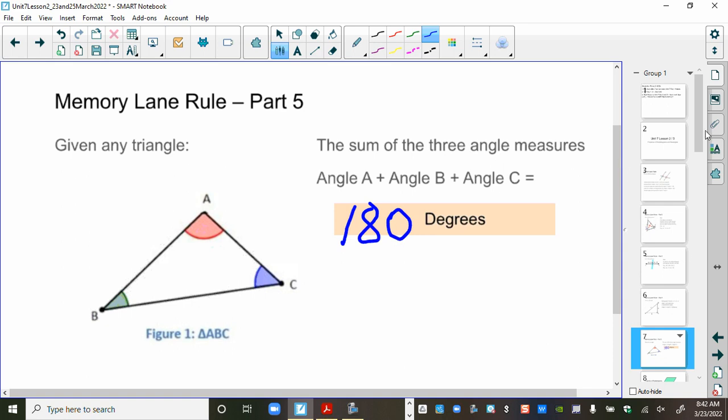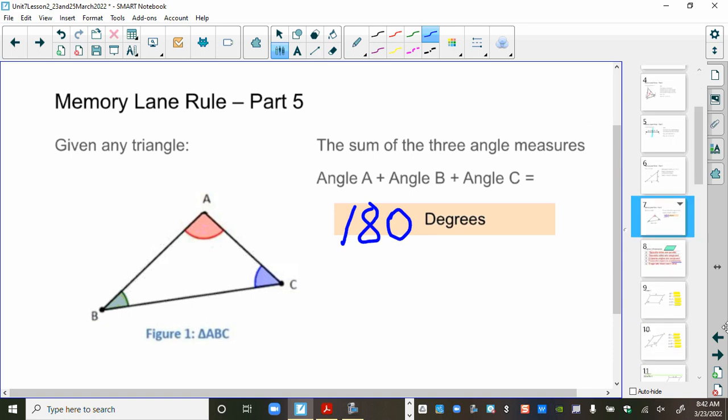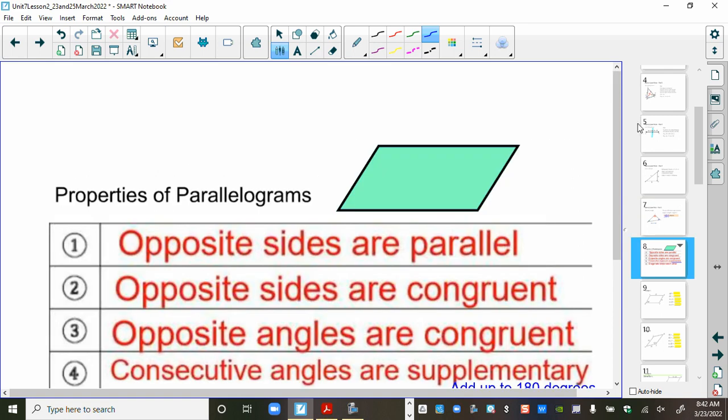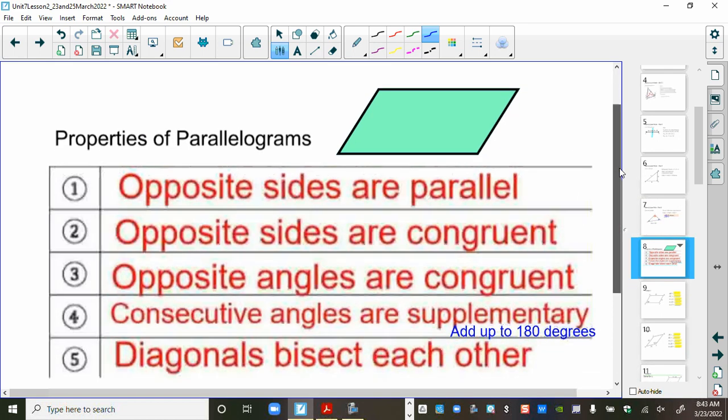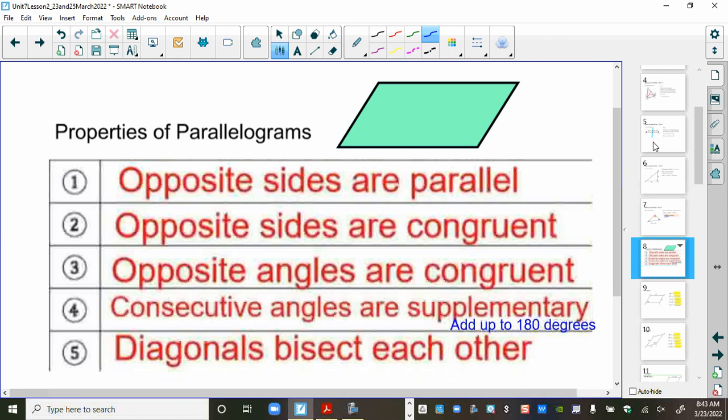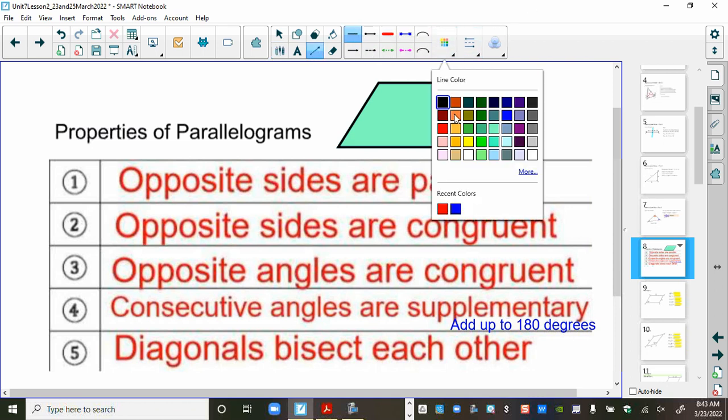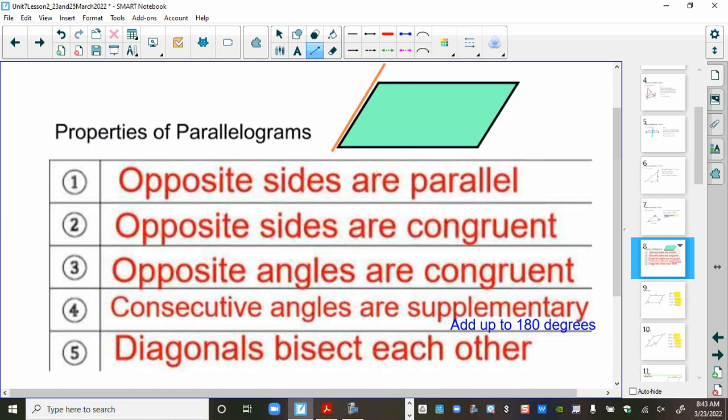All right. Let's start talking about some new stuff. Parallelograms. Here's an example of a parallelogram. Opposite sides are parallel. They're never going to touch.